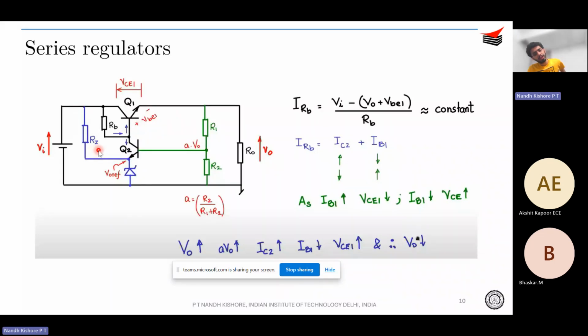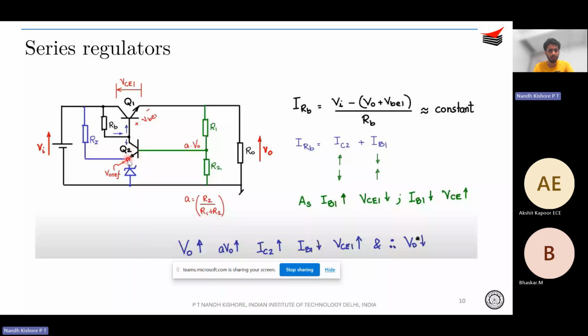Fine. And one more addition to the circuit is, okay, so how do we control the base current of Q1? So again, for that we use a BJT, and in this case, the BJT is operated as a current controlled current source. Okay, fine. So what we do over here is, let's say I will maintain a fixed VZ across the emitter terminal of this NPN transistor.